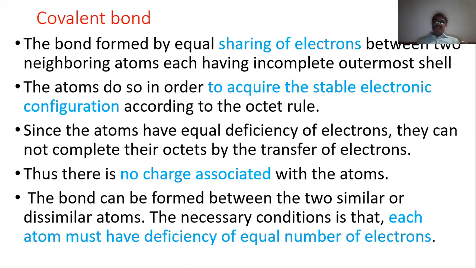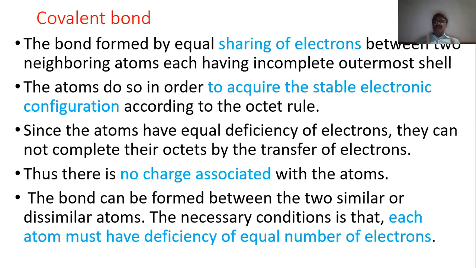But if two atoms come near to each other in such a way that both atoms have equal deficiency of electrons, then such a transfer is not possible. For example, if both atoms require one electron to complete their octet, is transfer possible? No, transfer is not possible.